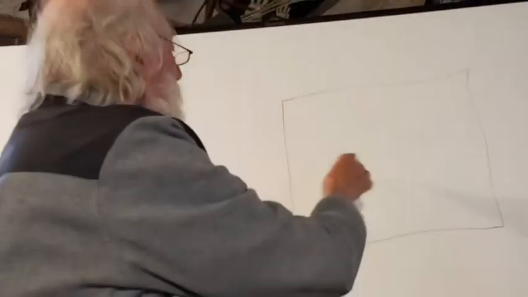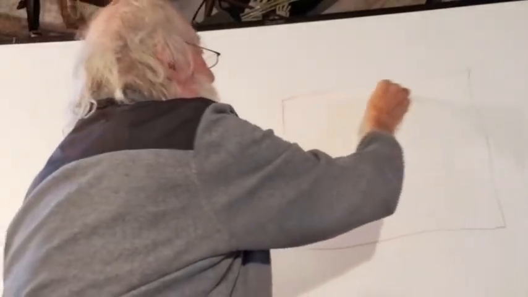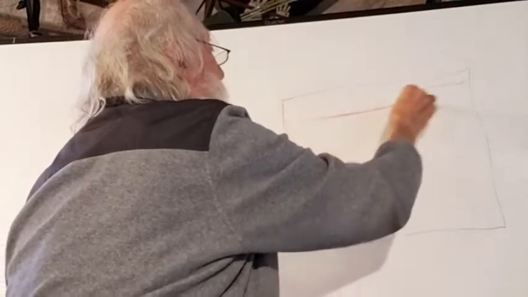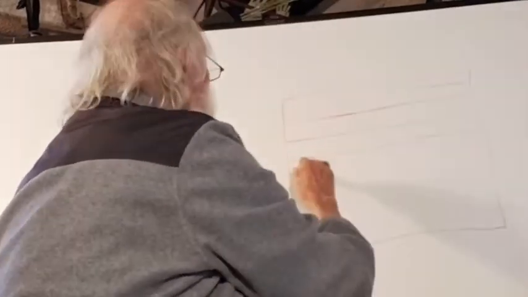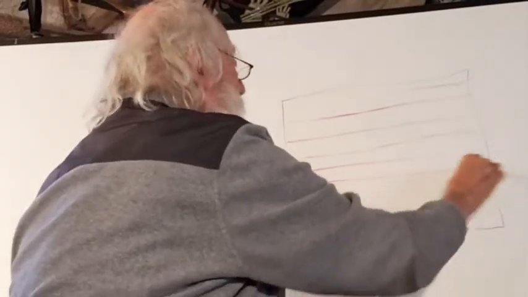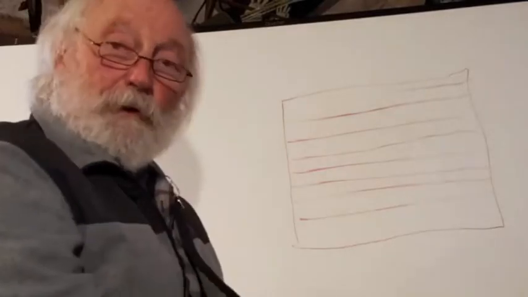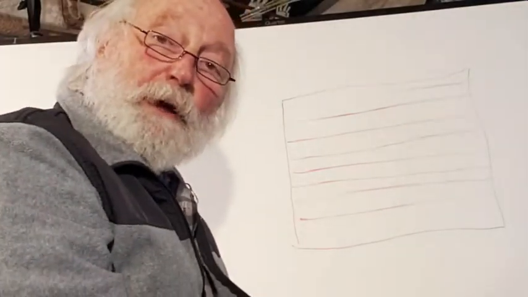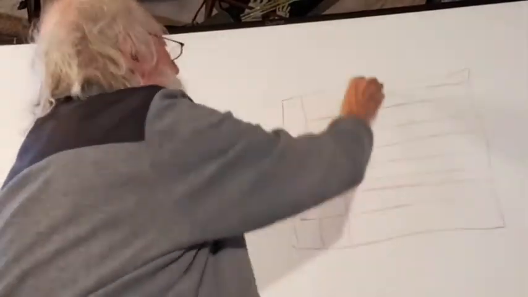The grid has one set of lines that run across like this. Looks like an American flag so far. We'll have these grids for you. You can actually download the grid so you won't have to do the grid, but I just wanted to do them for you with this particular project.